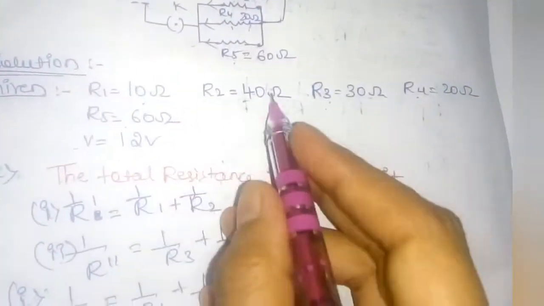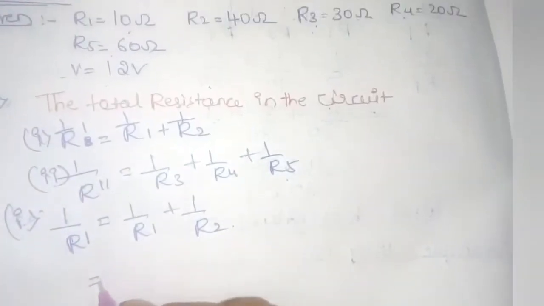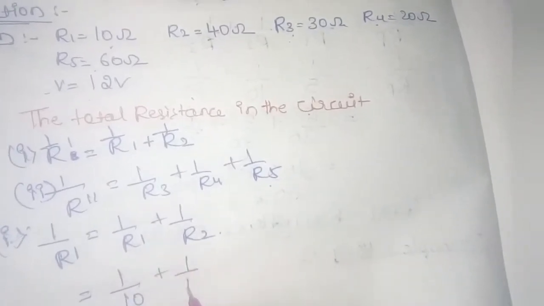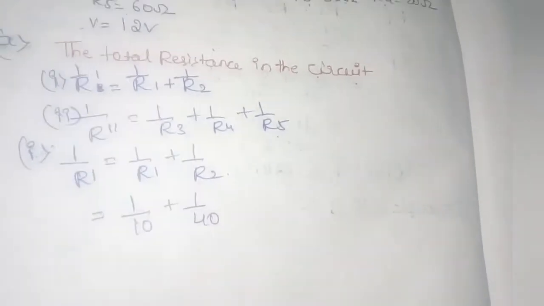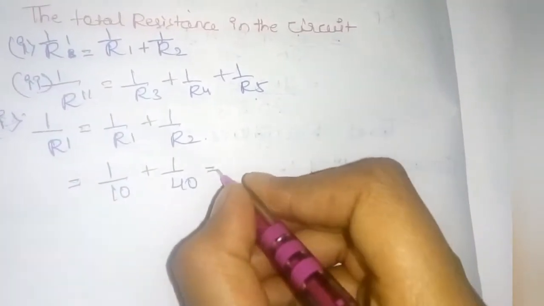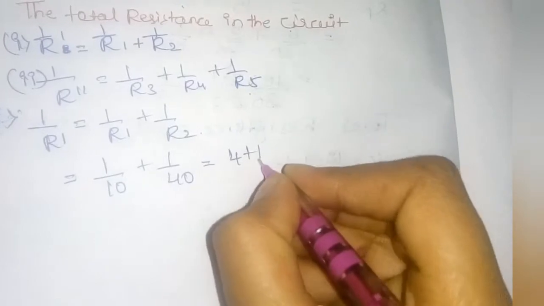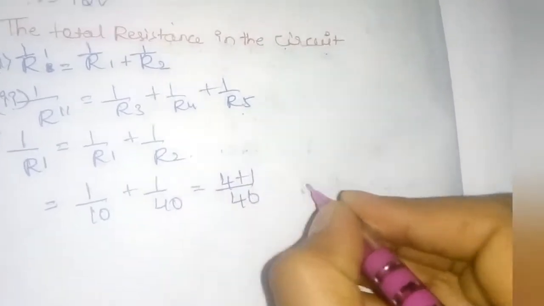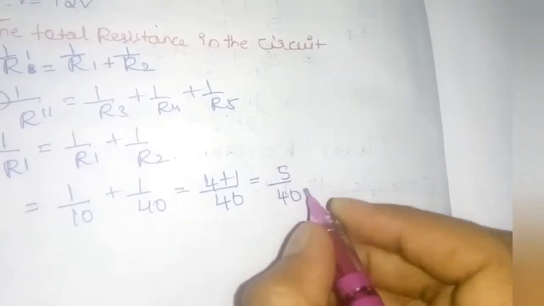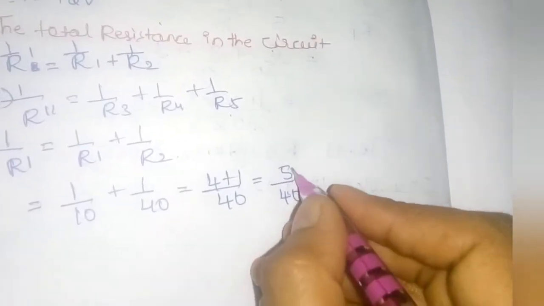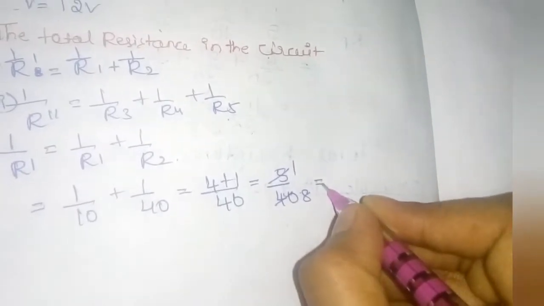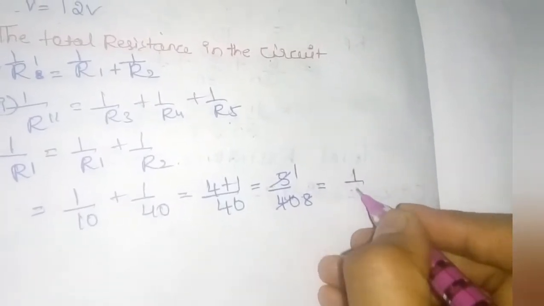R1 and R2 values are given, so we write 1 by 10 plus 1 by 40. Now take the LCM of these. Then you get 4 plus 1 divided by 40, that is equal to 5 divided by 40. It cancels in the table: 5 ones are 5, 5 eights are 40. So you can write it as 1 by 8.